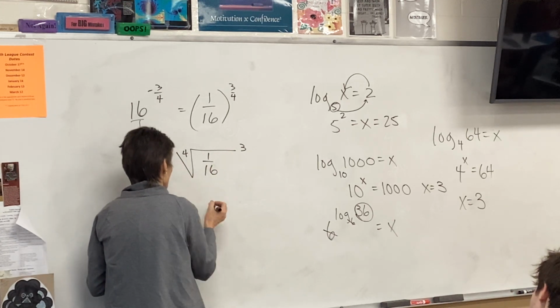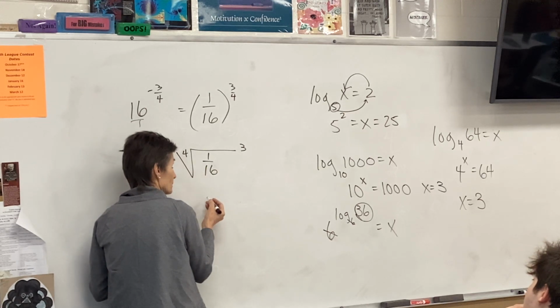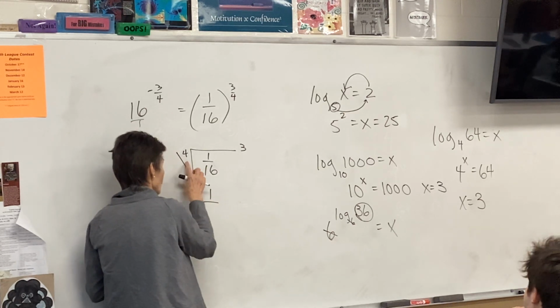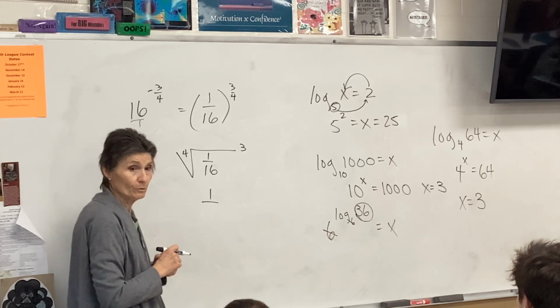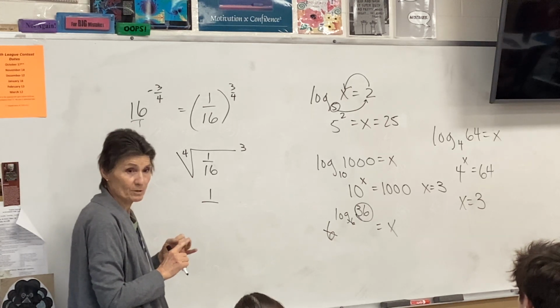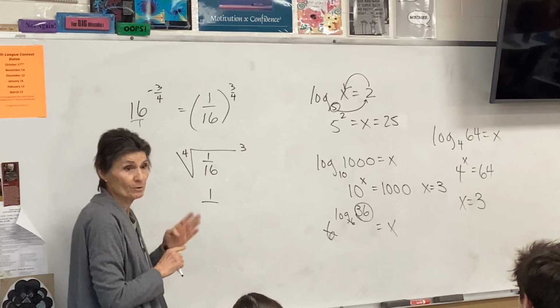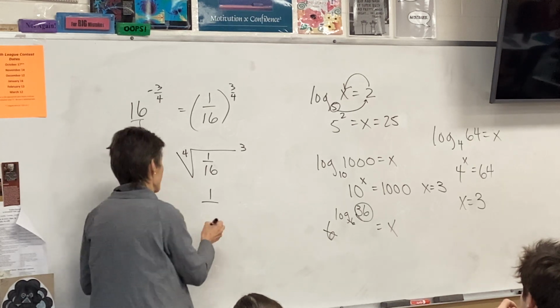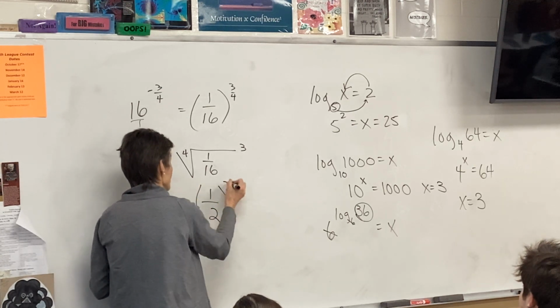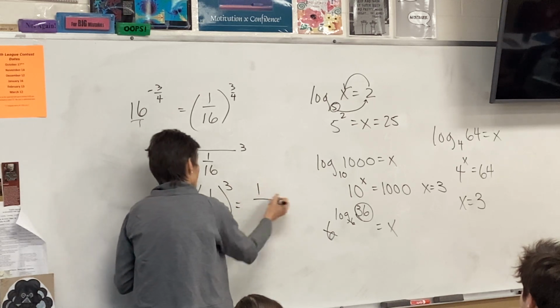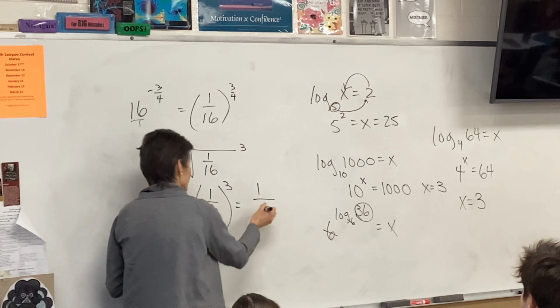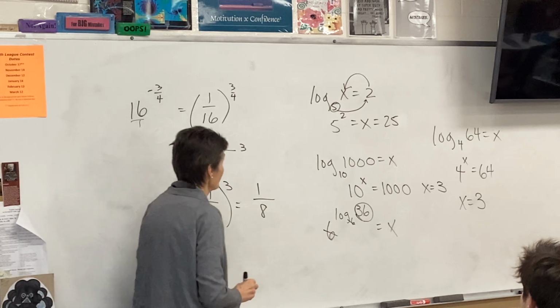All right, so what's the 4th root of 1? 1. What's the 4th root of 16? 2. Because 2 times 2 times 2 times 2 is 16. And then I have to cube it. What's 1 cubed? And 2 cubed. 2 times 2 times 2. There we go.